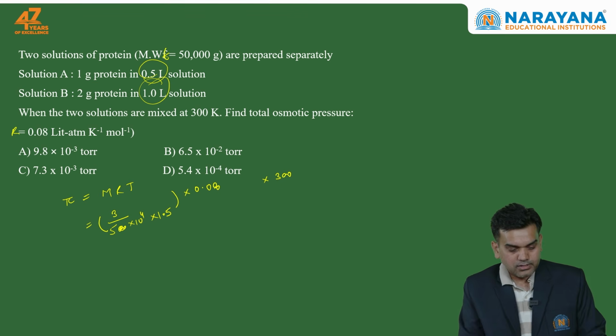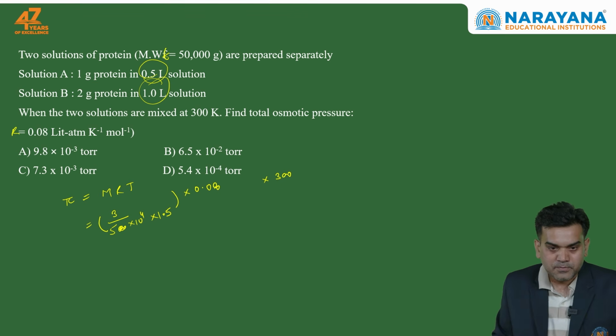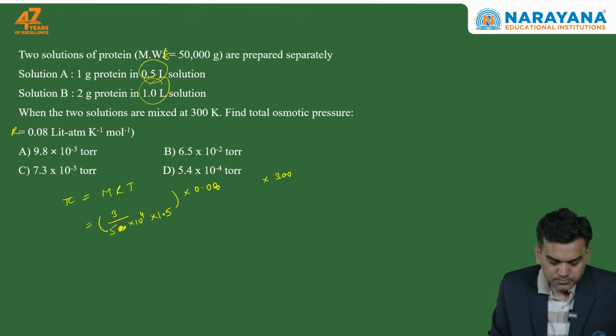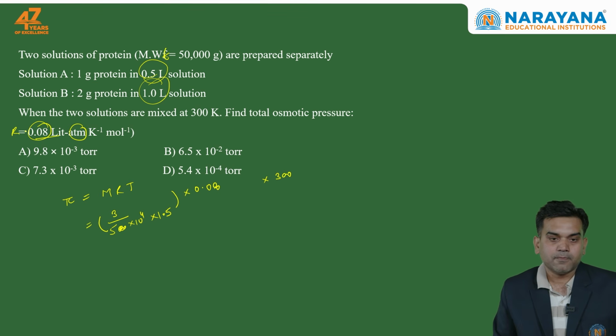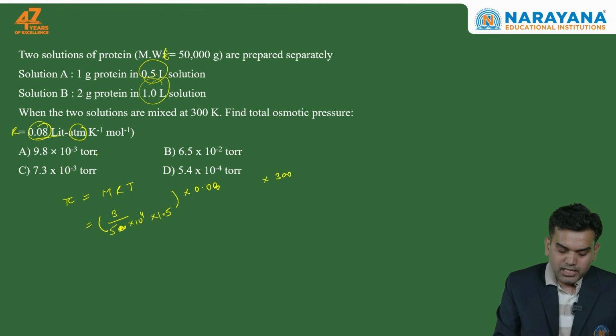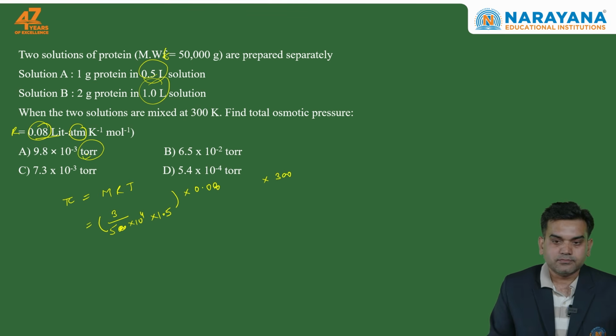Just try to see the things clearly, carefully. The value of R is given in atm, it is 0.08, and they're asking the osmotic pressure in terms of torr.